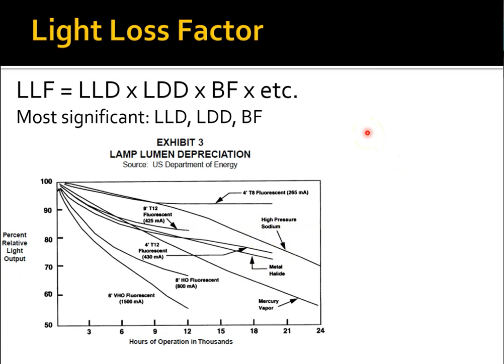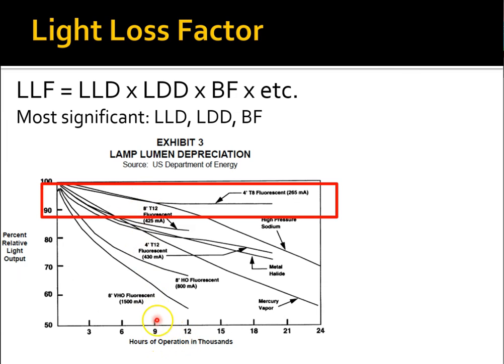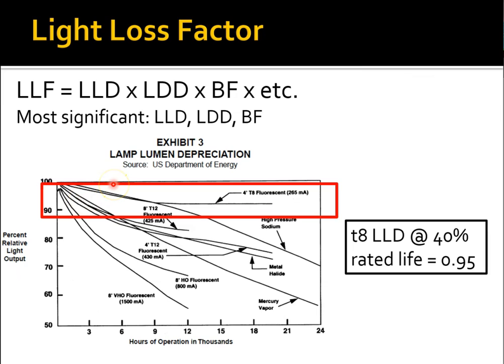Okay, so if you look at the fluorescent, which is what we're using, a T8 4-foot fluorescent. You can see that after 9,000 hours, it's going to be at about, we'll call it around 95%. The standard for the LLD is what percent of light is it putting out when it's at 40% of its rated life, or when 40% has passed, right?